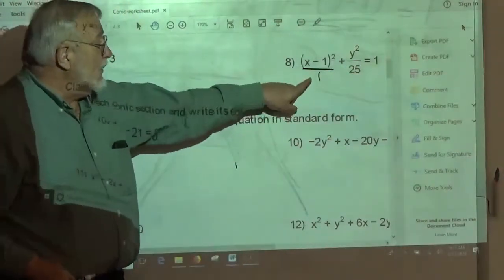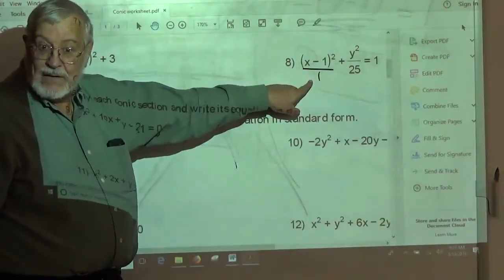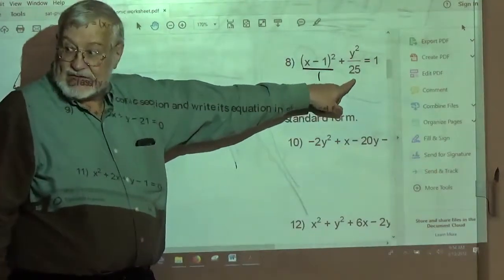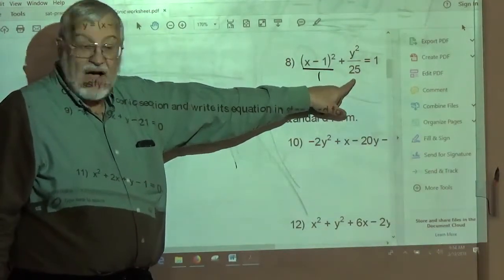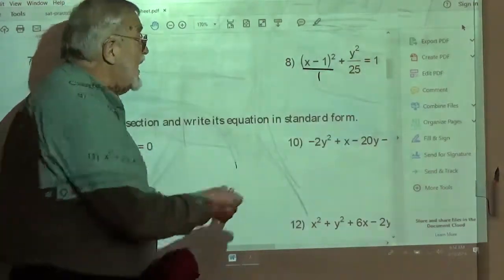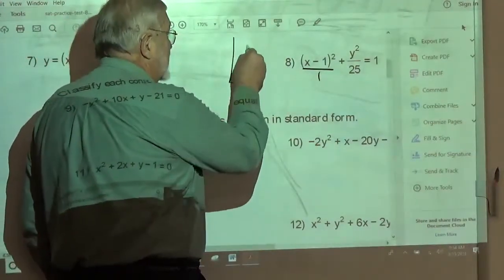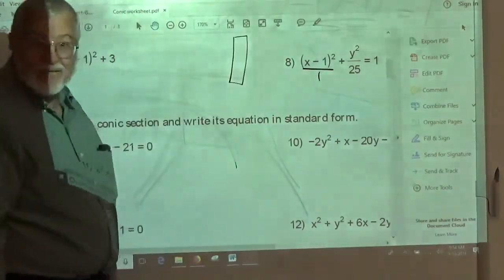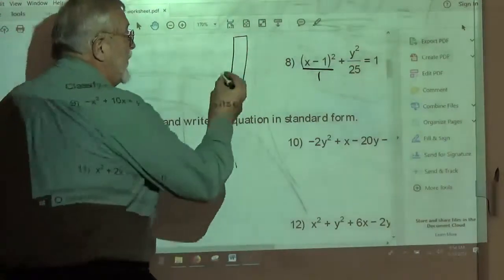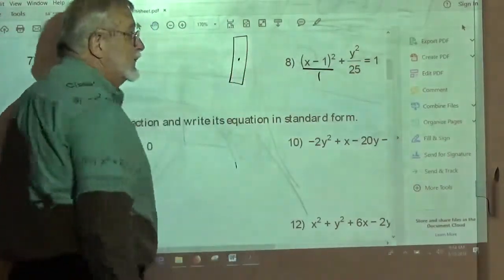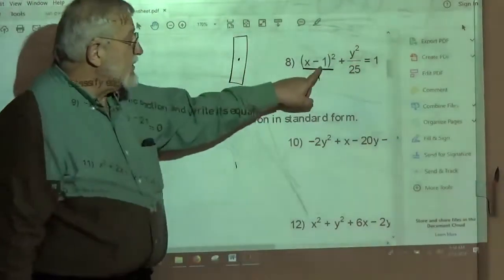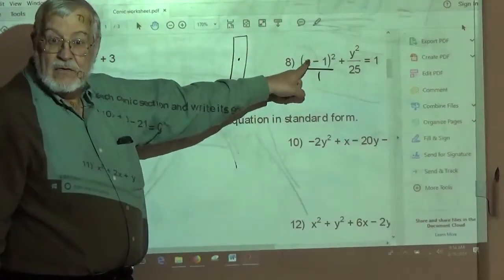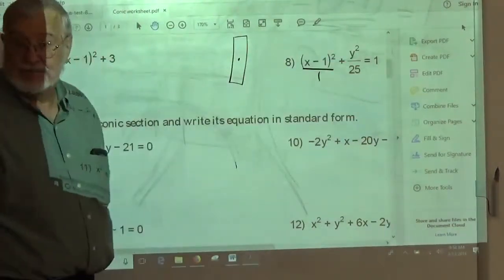Now the minor axis is 1 and the major axis is what? 5. Okay, so we have a box that looks like this. Where's the center of that box? Center of that box is at opposite 1, 0.